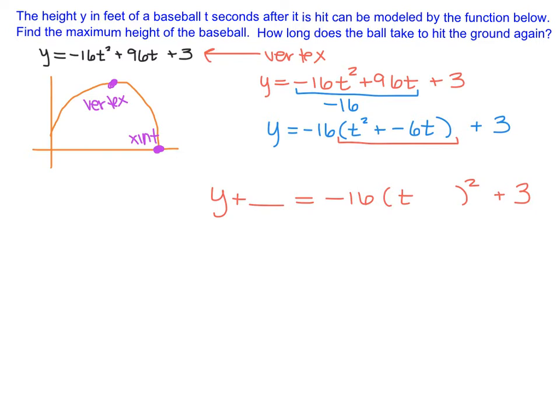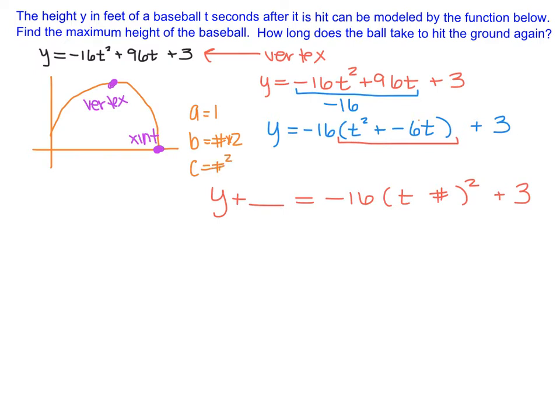So if we get started here, we have to figure out what this number is in here. And that's where we use our patterns of the a value, b value, and c value for a perfect square trinomial. So a is going to be equal to 1, b is going to equal whatever my number is times 2, and c is going to equal whatever my number is squared.